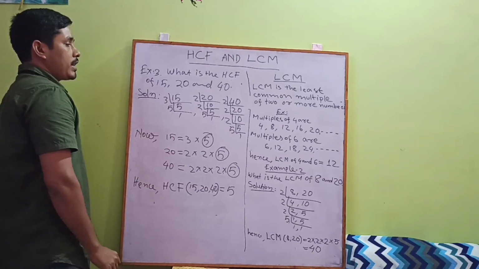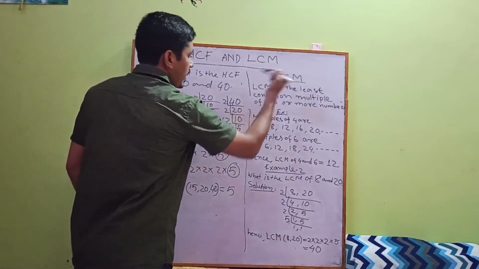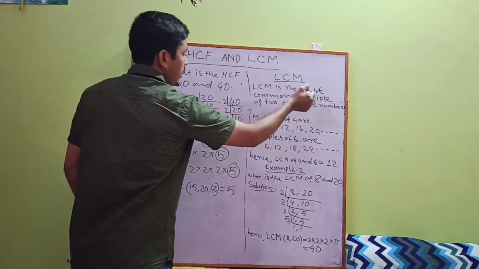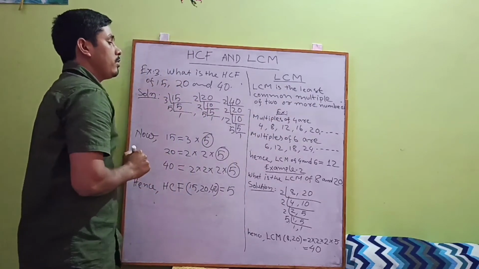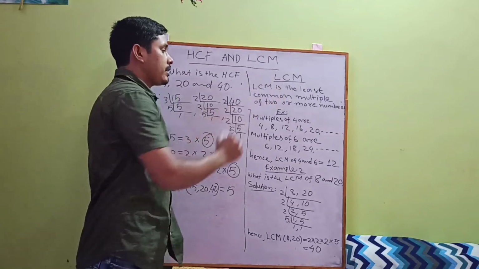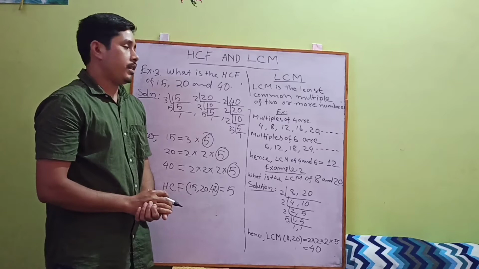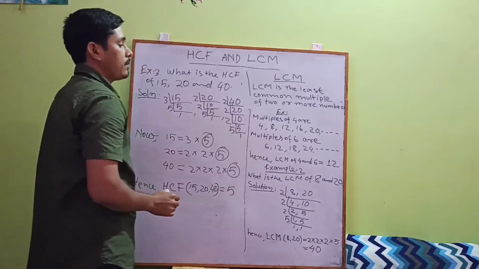Now I am going to discuss LCM. What is meant by LCM? LCM is the least common multiple of two or more numbers. It is explained with the help of an example.